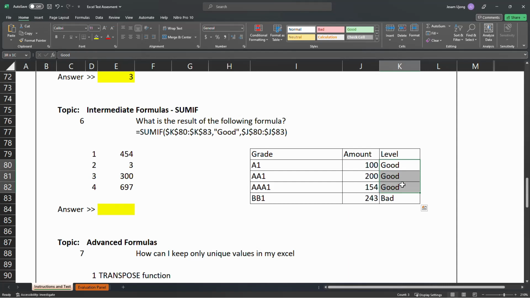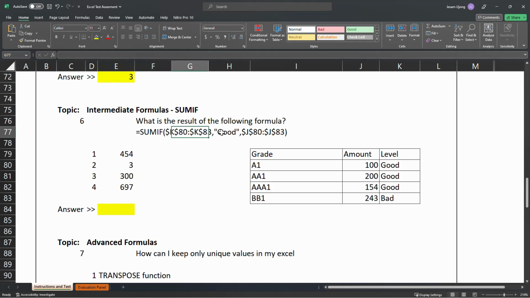So for every good within the range, sum the corresponding values of the amount. And for this good, it sums up to 454.